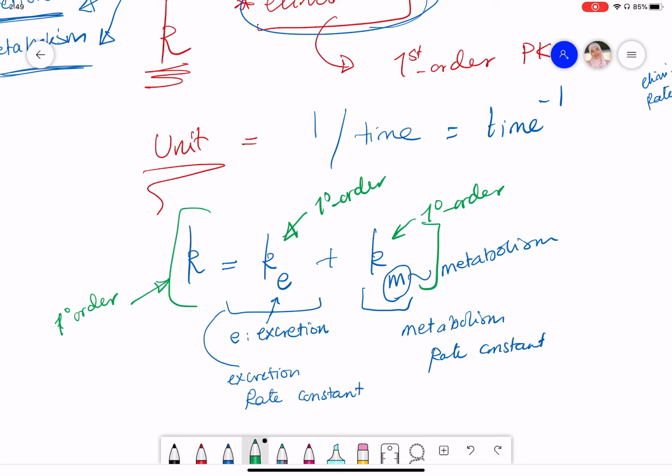And again, we may have exceptions: if some of the processes are not following linear kinetics, we will deal with them as non-linear kinetics for that part of it. Okay, we will stop here and we will continue about volume of distribution later.